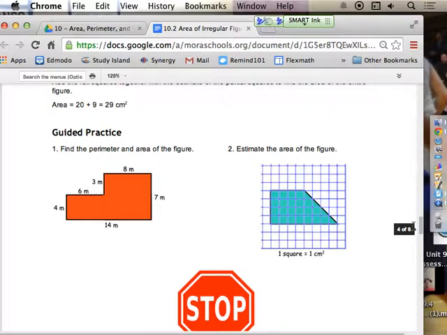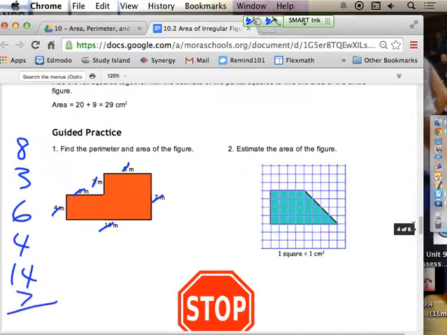All right, for perimeter, hopefully, for number 1, you add up all the numbers. 8 plus 3 plus 6 plus 4 plus 14 plus 7. And hopefully you remember to check and make sure they're all there, and they are all there for this problem. So I add these two together. Some of us like to take that technique and make nice whole numbers.